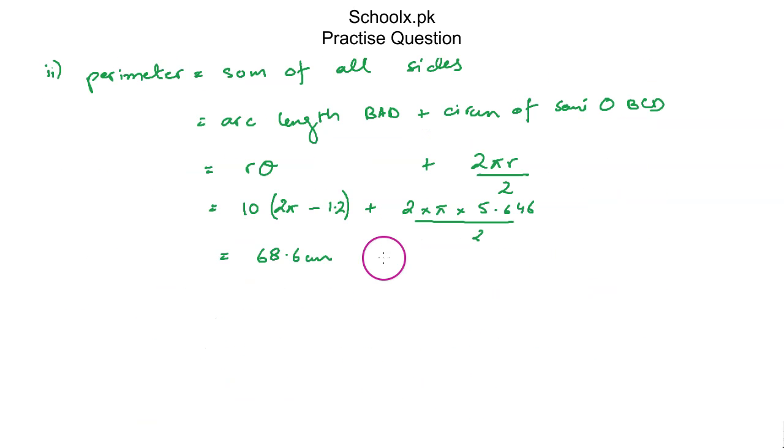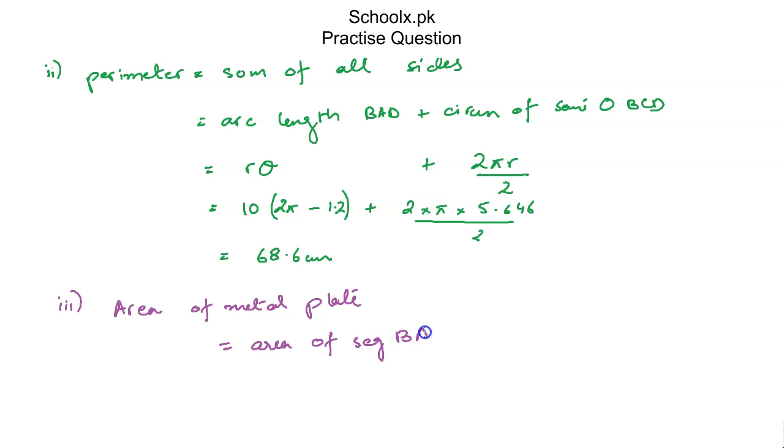So if I write it all down, area of metal plate is area of segment BAD plus area of triangle DOB plus area of semicircle BCD.